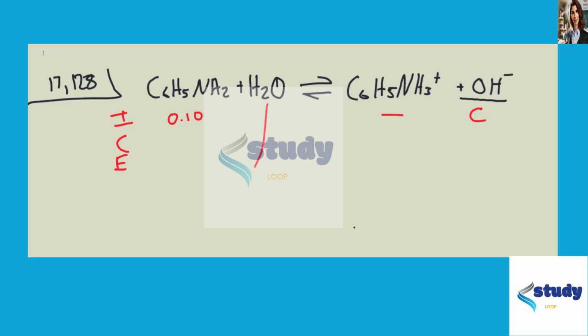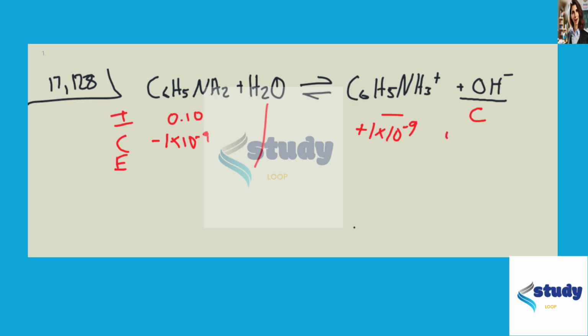So based on the problem, we want our change of aniline conjugate acid to be plus 1 times 10 to the minus 9. And so it will be plus, and minus 1 times 10 to the minus 9.